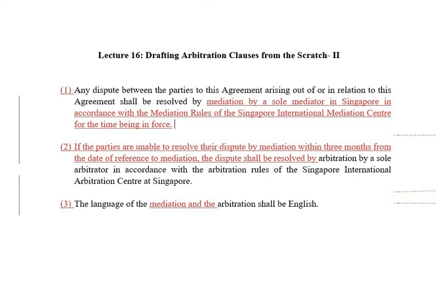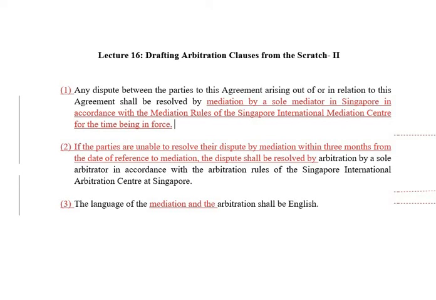Then in 2010, there came a new UNCITRAL arbitration rules, which is an updated version. So imagine that in 1980, that is 4 years after the 1976 rules, parties agreed that the dispute shall be resolved by arbitration as per the UNCITRAL arbitration rules in force at the date of the reference of the dispute.